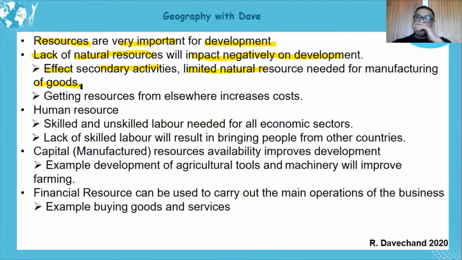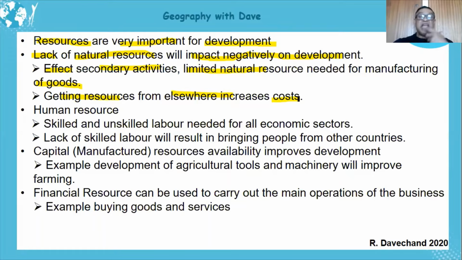Imagine you have to bring iron ore from other areas. Okay, it's expensive. Plus, you may not have iron ore in your area. You may have to import iron ore to produce iron and steel. All right, so getting resources from elsewhere increases the cost and makes it expensive.